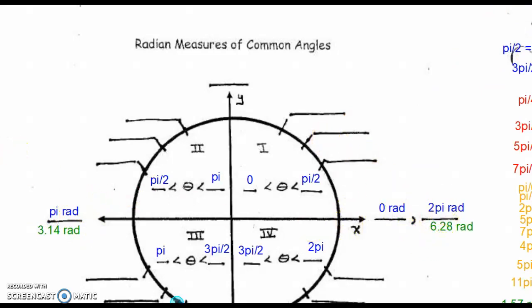Now, if we go pi radians, half of that distance will be pi over 2. Which pi divided by 2 is 1.57. And this whole page, if I don't have radians after it like I do right here, that should be 1.57 radians, or pi over 2 radians.